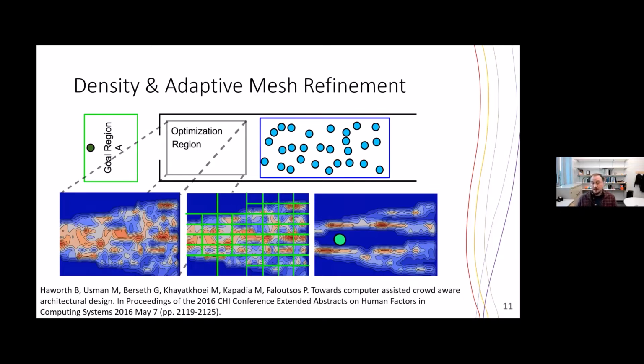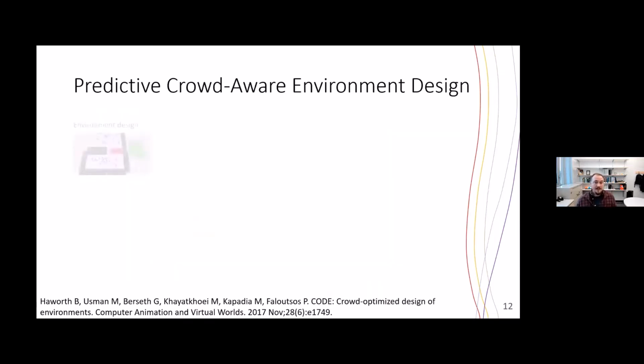And we found that it actually performed on par with our more expensive approach of searching all of these designs. And because it ran in near real time, for most common cases, we transitioned into this new area of making tools for what we call predictive crowd aware environment design. So we can build environments that are aware of the crowds that are going to use them in the future.